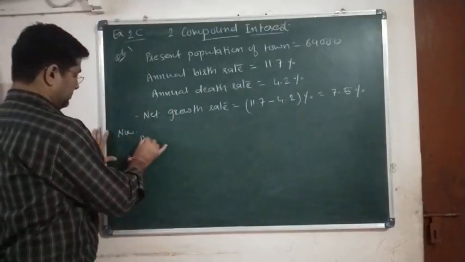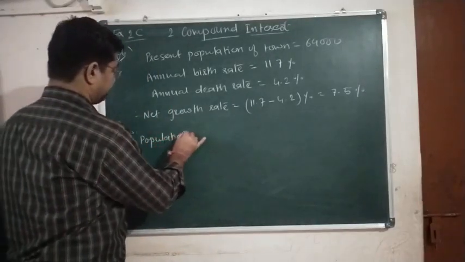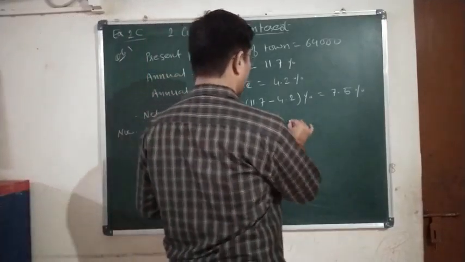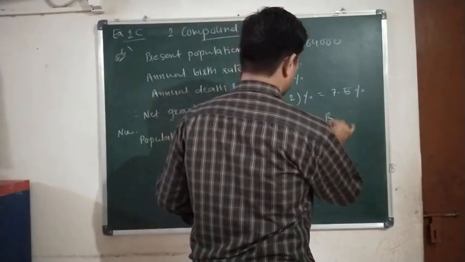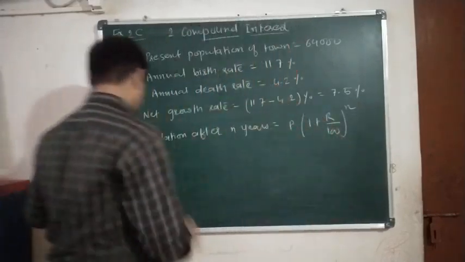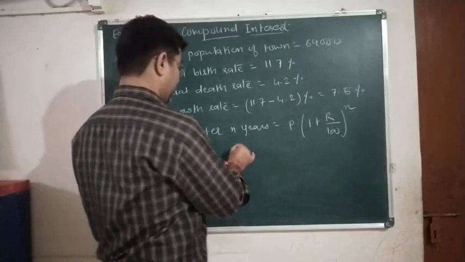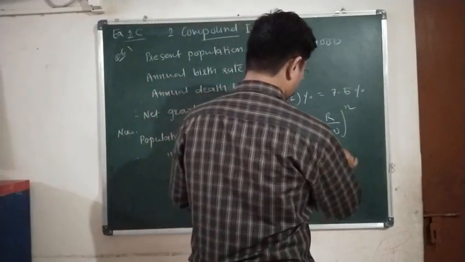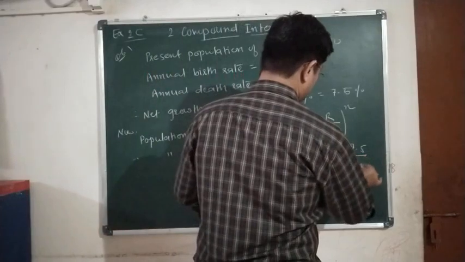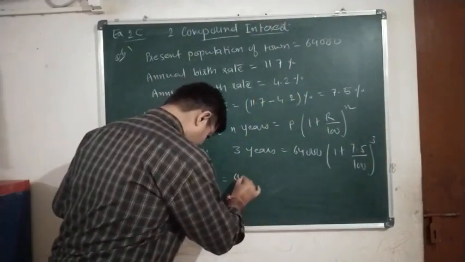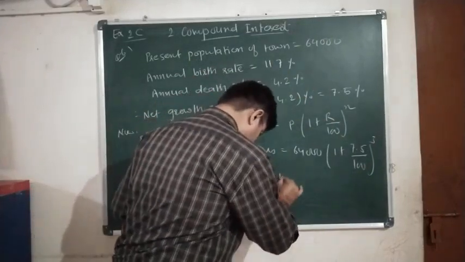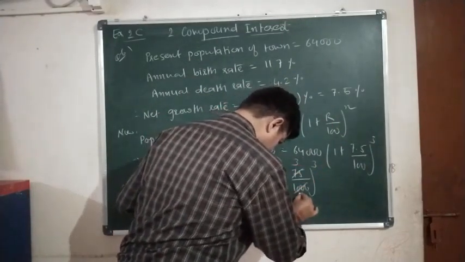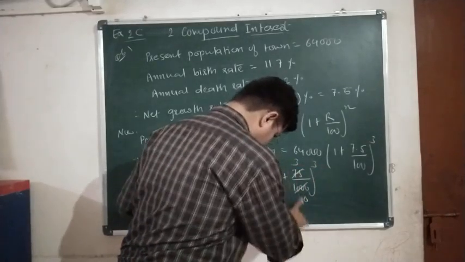Now population after n years is given by the formula present population P into bracket 1 plus R upon 100 raised to n, and therefore population after 3 years will be given by present population 64,000 into 1 plus 7.5 upon 100 raised to 3, is equal to 64,000 into 1 plus 75 upon 1000 raised to 3. 25 3s are 25, 40s are.